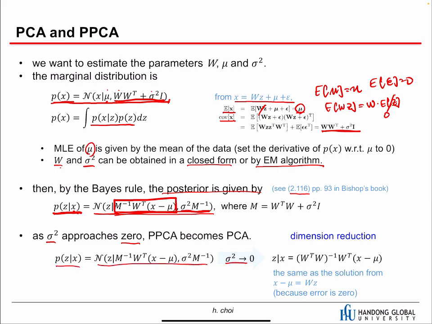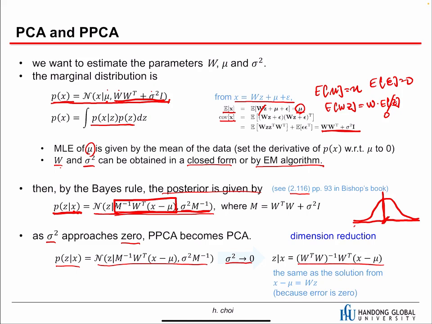When sigma square approaches 0, the z given x will be the mean. Think about this Gaussian distribution. Sigma square is 0, then this one will be like this. Then given x, z will be here, fixed.